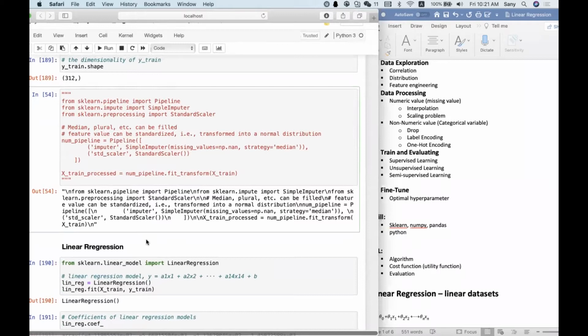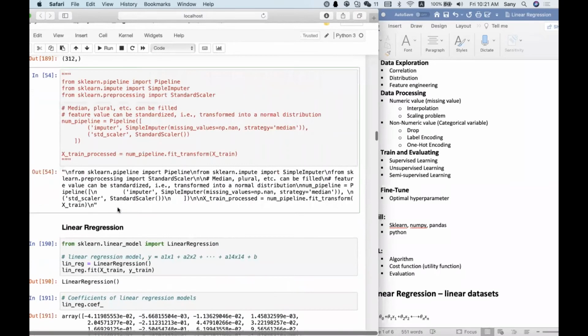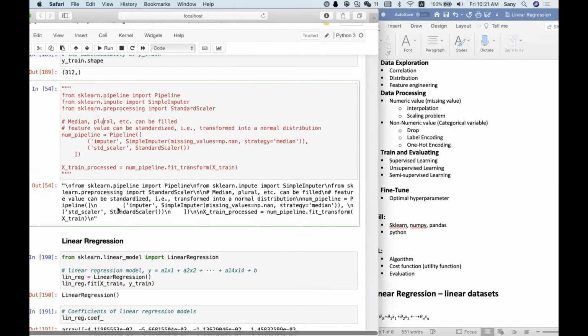So it's a higher strategy after you get used to it. Then we will go step by step to explore how they work respectively.